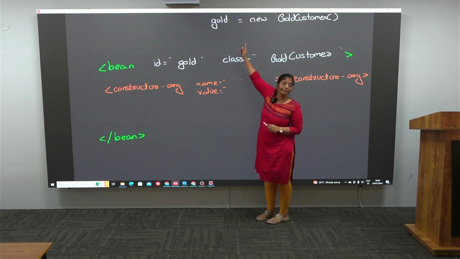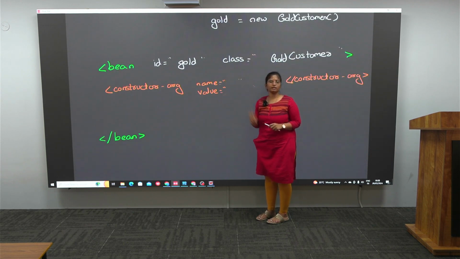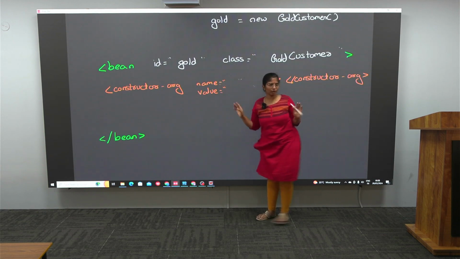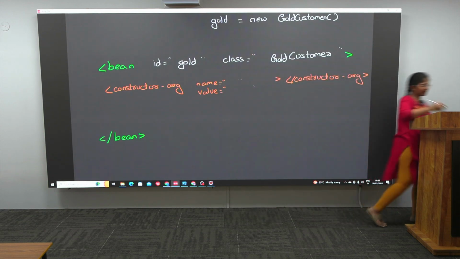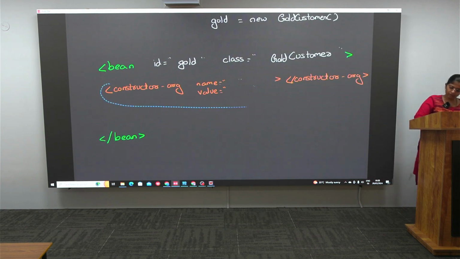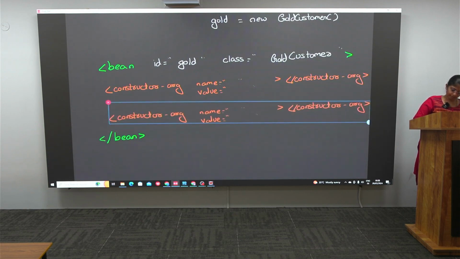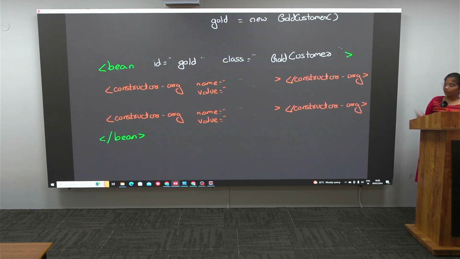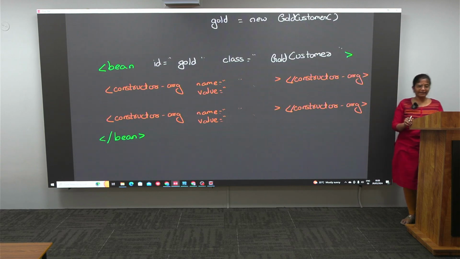So how many constructor args do I need to be creating, if you ask me? How many parameters are there for the constructor which you are calling? Two. One to set for ID, one more to set for your name. So the same thing I will copy and paste. Now the first value I need to set is for the ID.